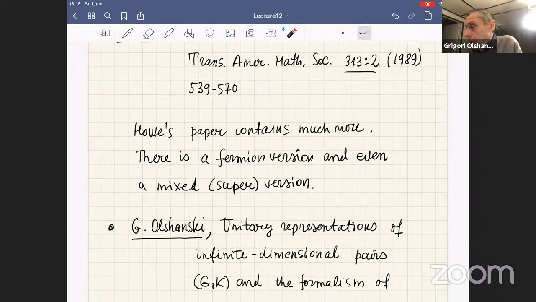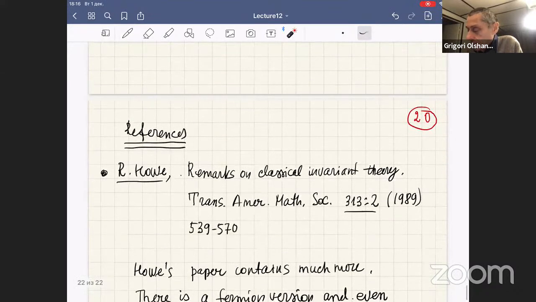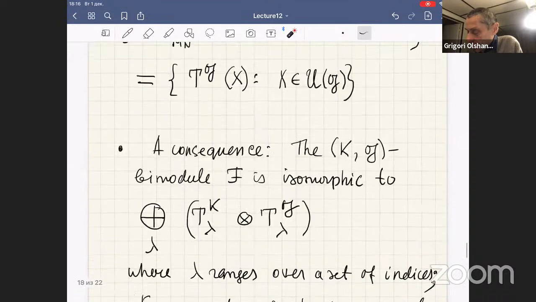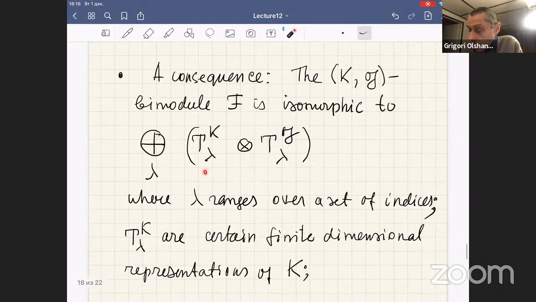And all this is called Howe duality or Howe correspondence, because we have some correspondence here, as in the case of Schur-Weil duality, between a compact group and some Lie algebras. But here the situation is more interesting, more complicated. This is an analog of a symmetric group, and this is an analog of a GL.